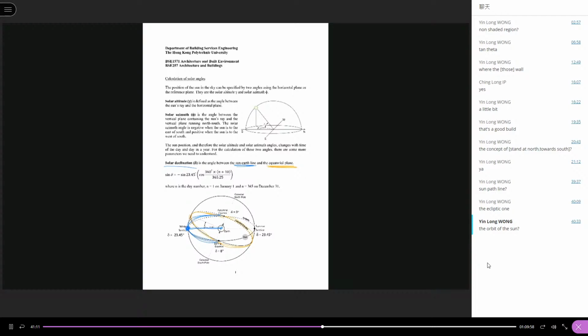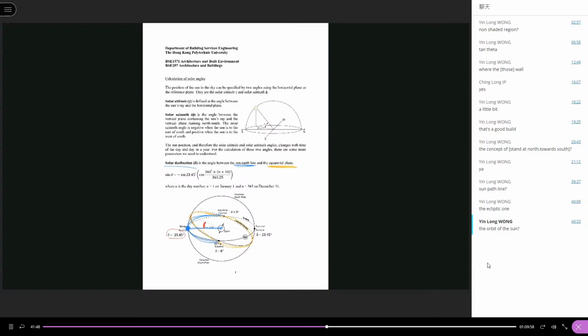And the equatorial plane will be the plane containing the equator. So the solar declination is the angle of the sun-earth line to the plane containing the equator. That is the orange plane. The solar declination is the angle measured from the line joining the sun and the earth to the plane containing the equator.